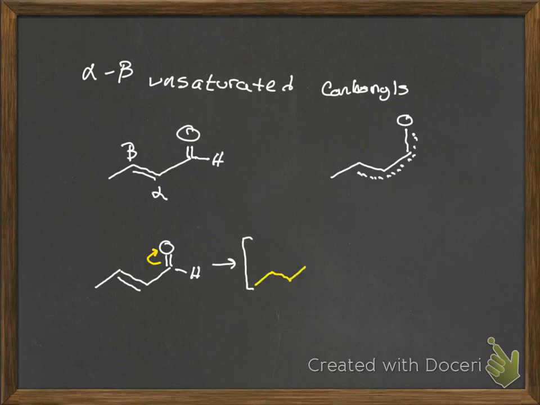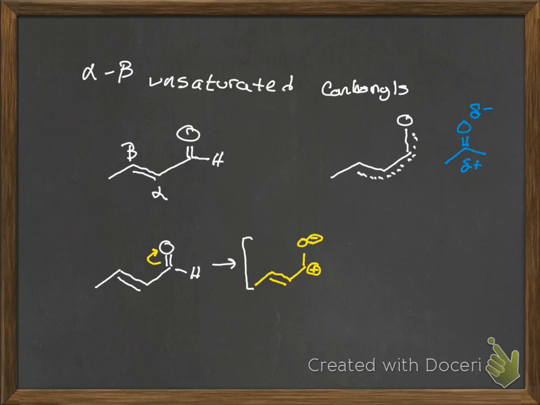So what you have now looks like this. Now, this isn't that shocking because if you'll remember, we've always been saying that carbonyls have a partial negative charge on the oxygen and a partial positive charge on the carbon.